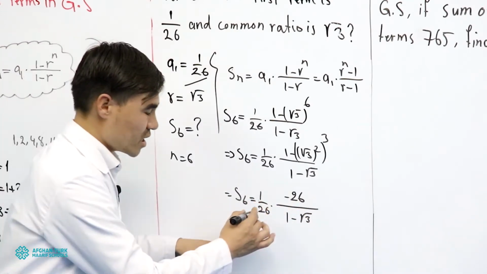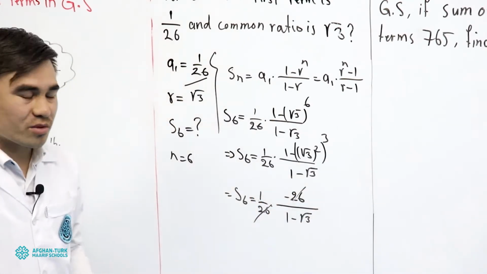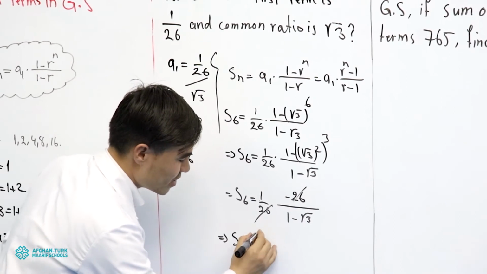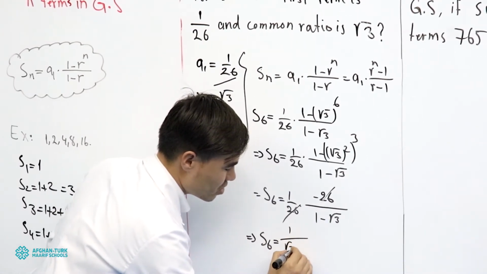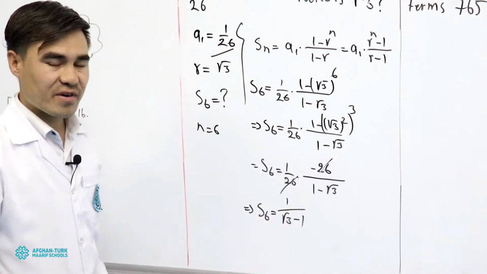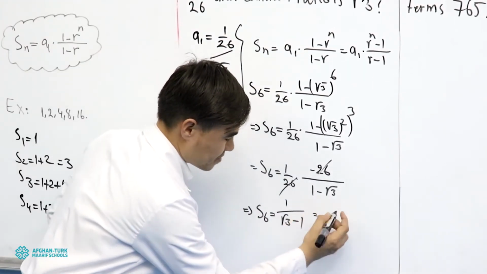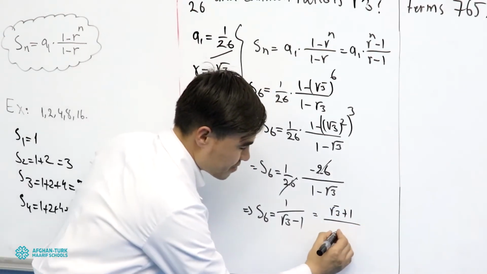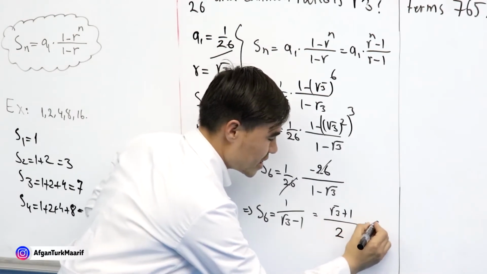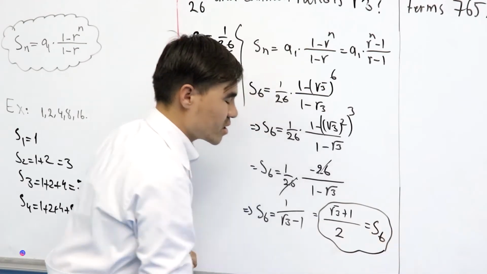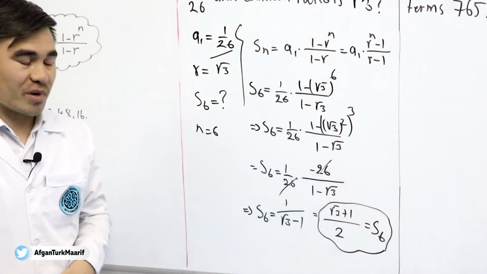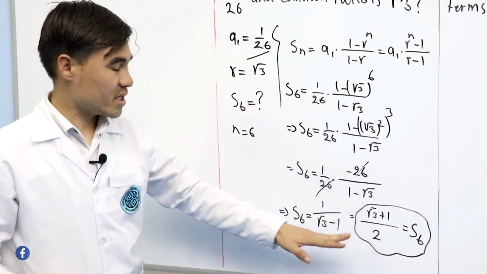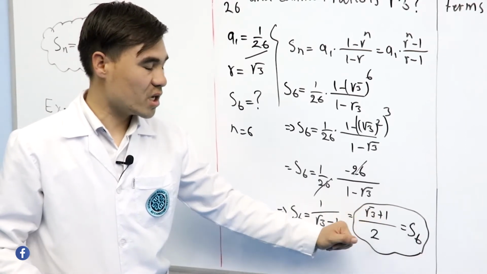When I simplify, I can cancel the 26 from the numerator and denominator. So S6 is 1 over the square root of 3 minus 1. When I simplify this, it will be the square root of 3 plus 1 over 2. This is the required answer: the sum of the first 6 terms in the given example is the square root of 3 plus 1 over 2.